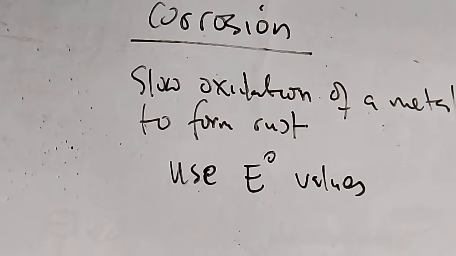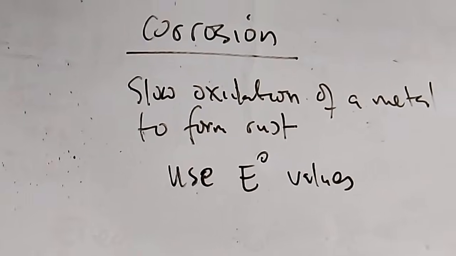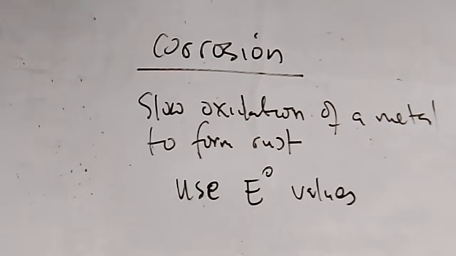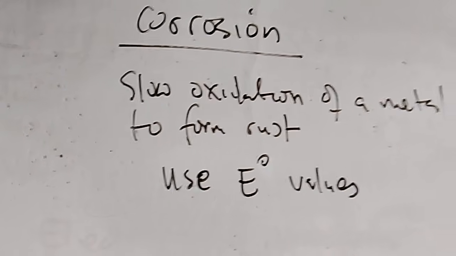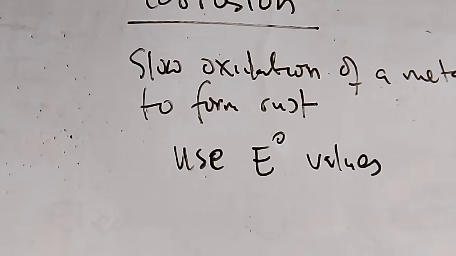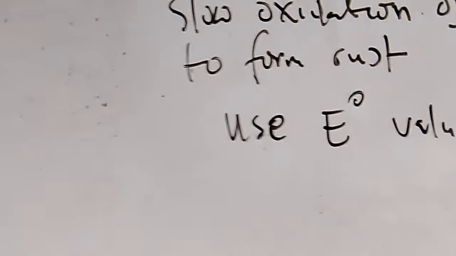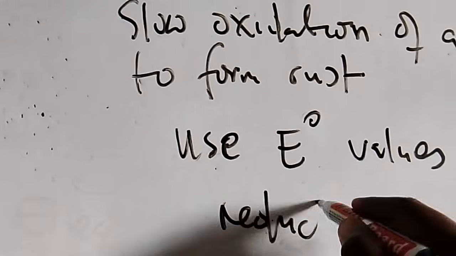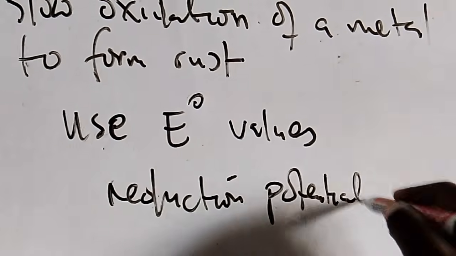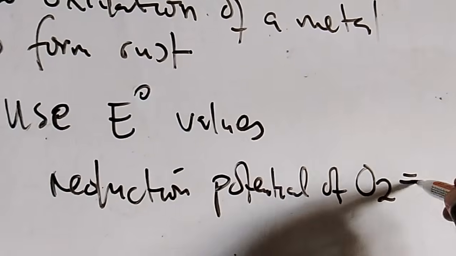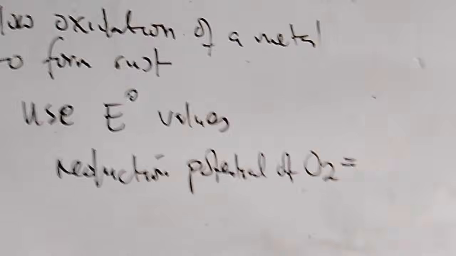Standard potential values can be used to determine whether a particular metal will undergo corrosion or not. The standard reduction potential of oxygen is equal to 1.23 volts.